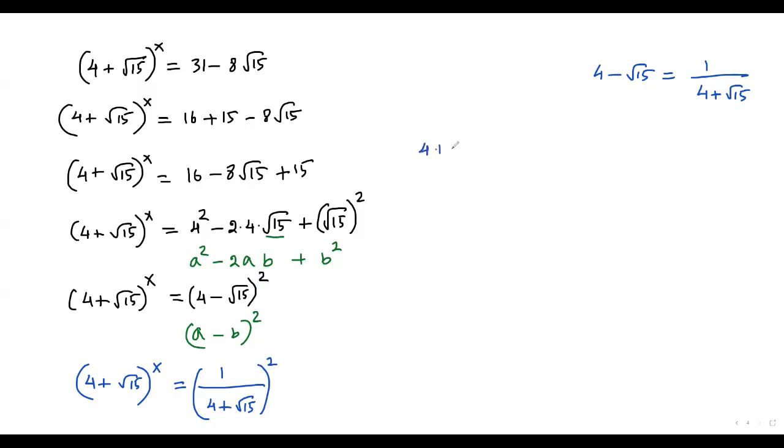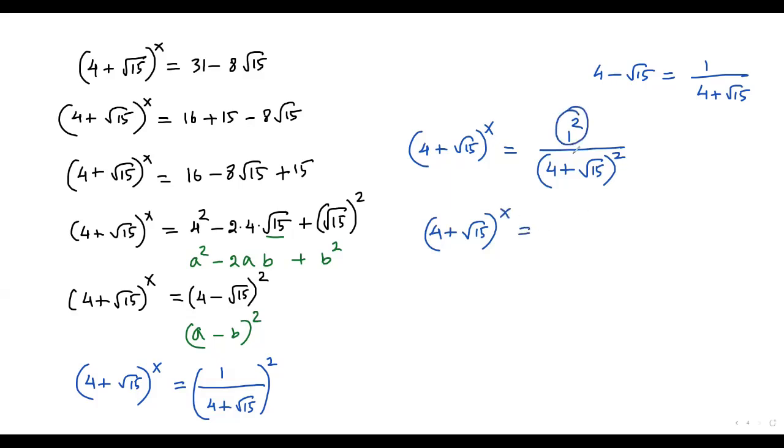Now (4 + √15)^x equals, here we have exponent 2 for the fraction. Whenever we have an exponent for a fraction, the exponent can be taken separately for numerator and denominator. Then I'm getting 1² over (4 + √15)². The evaluation of 1² is just 1, so 1 over (4 + √15)².